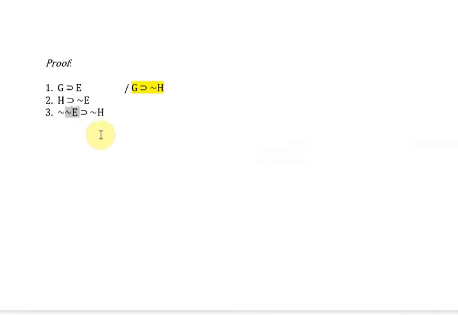We switch the order of the antecedent and the consequent, and we add negations to both. That means adding a negation to that already existing negation, which is an E. And so we get basically a double negation there, right? Not E. So our new premise here is if not E, then not H. The rule that we were able to do that by, remember, is transposition, which is T-R-A-N-S, trans.